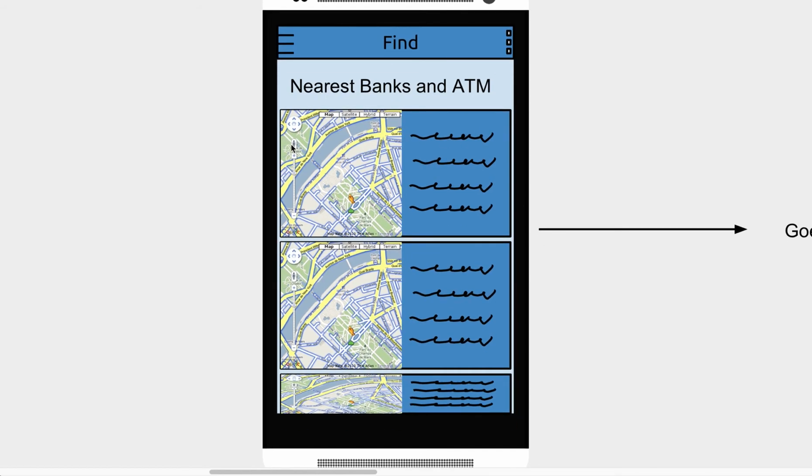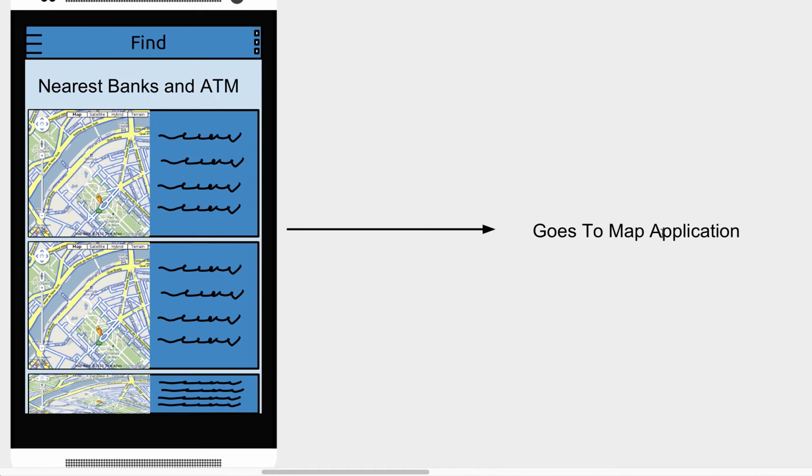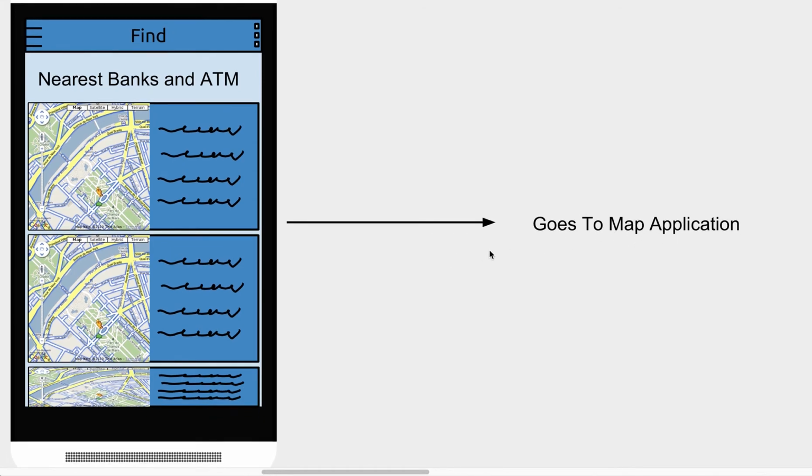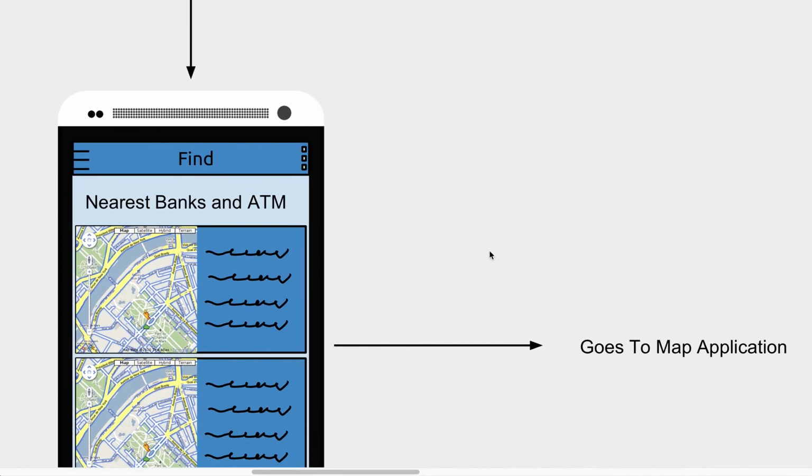You would have a preview of where that ATM or bank is located, and then some description defining whether it's a bank or an ATM, or its distance. You'd then click on this, which would take you to your map application, and then you could direct yourself from there to find how to get to the bank.